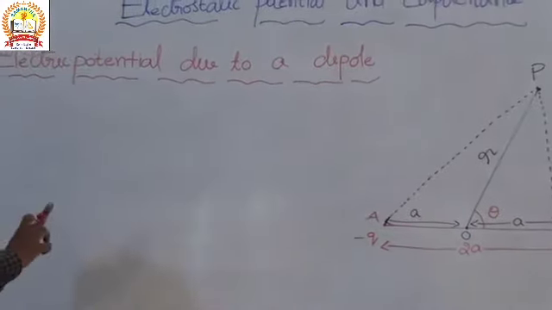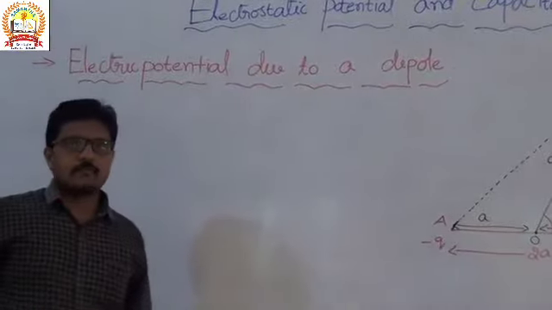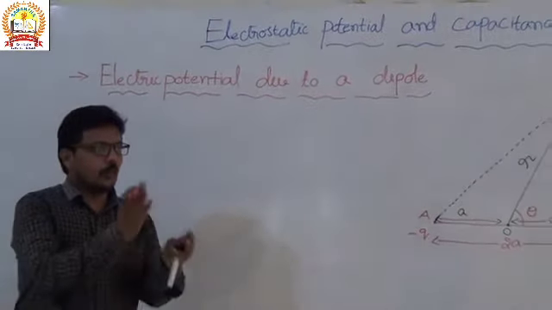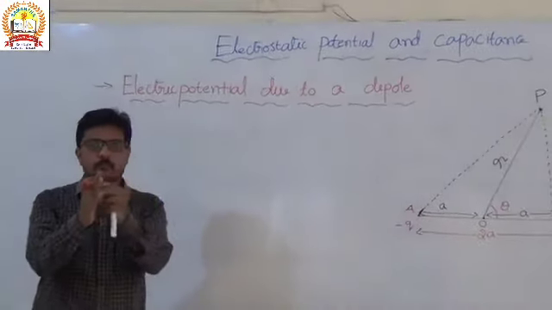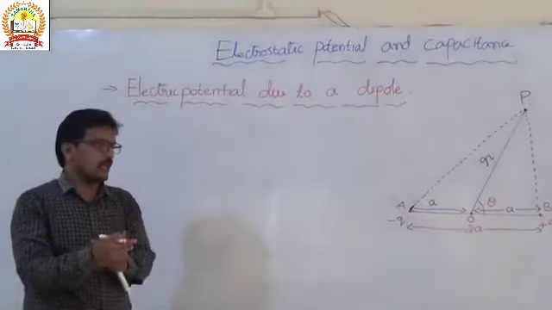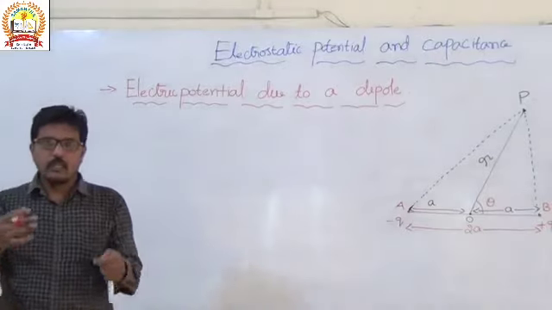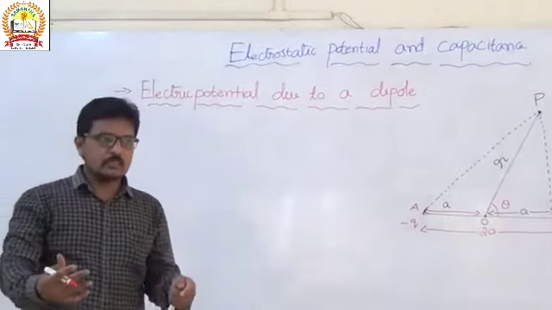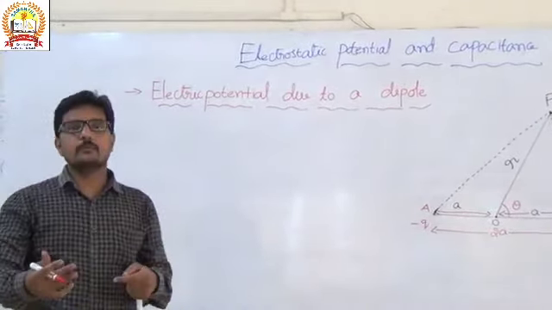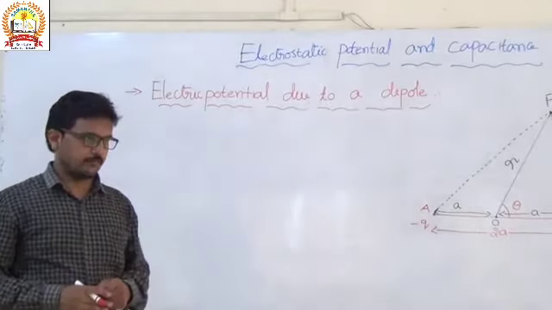Here we have two charges. If we have one charge, we have one potential; if we have two charges, two potentials; and three charges, three potentials. However many charges exist, that many potentials will exist.